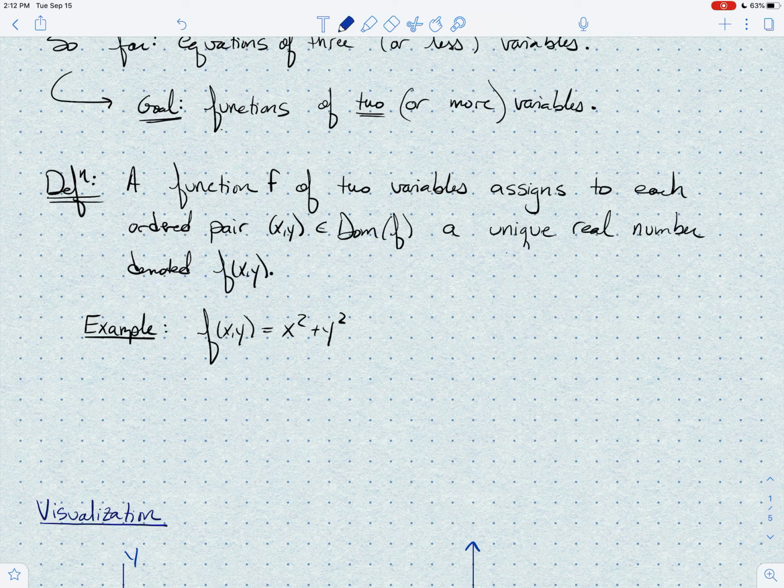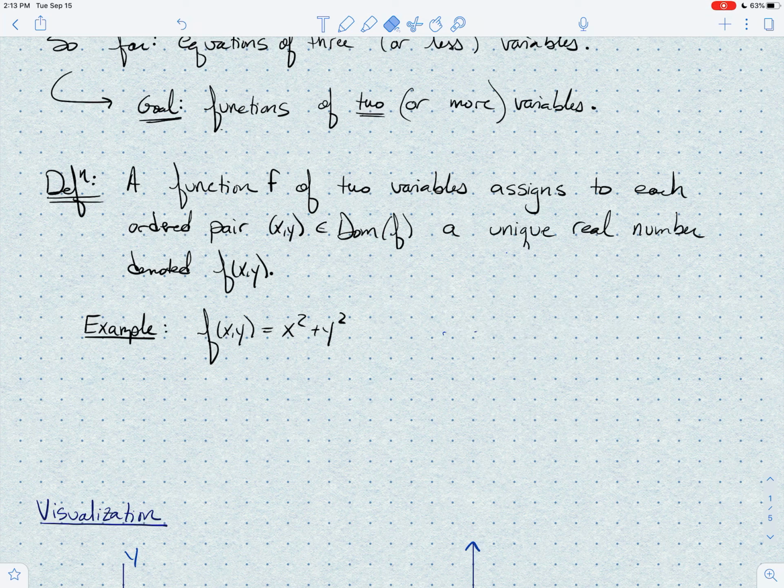When we write functions of one variable, we write f of x, and x is getting mapped to f of x. Functions of two variables, x, y is getting mapped to the number f of x, y. Let's think briefly about the graphs. For functions of one variable, the graph looks like a curve, right? x gets mapped up to f of x, and the set of all of those traces out a curve.